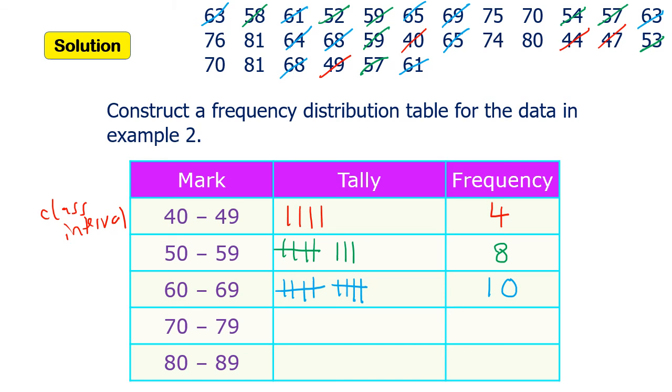Right, next for class interval 70 to 79. This time we choose the dark blue color.